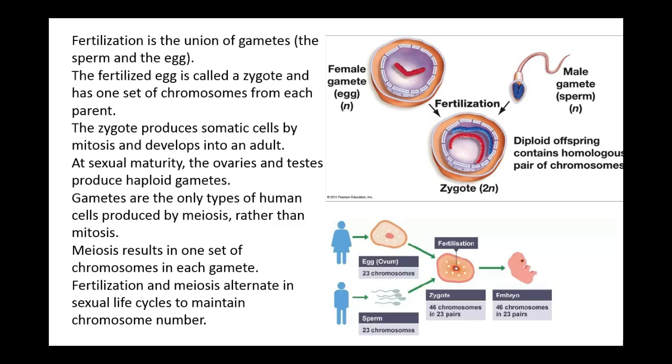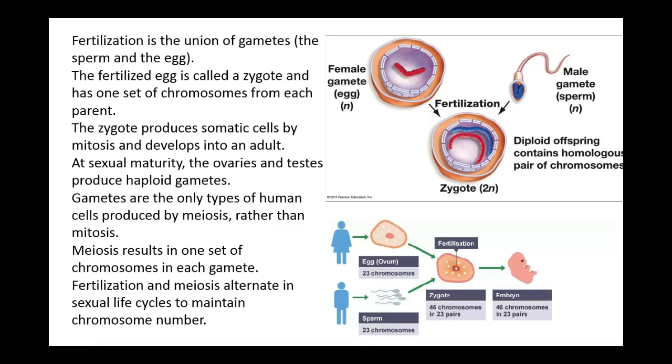In the course of puberty, in the release of hormones, etc., gametes are produced, and that production of gametes can lead to sexual maturity, which allows sperm to be produced and eggs released by the female.